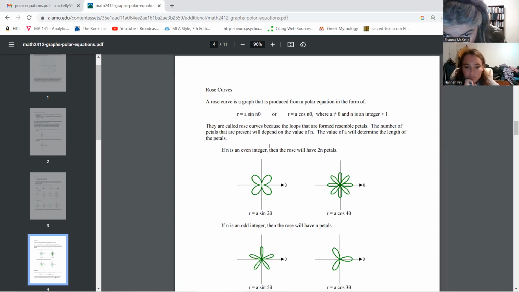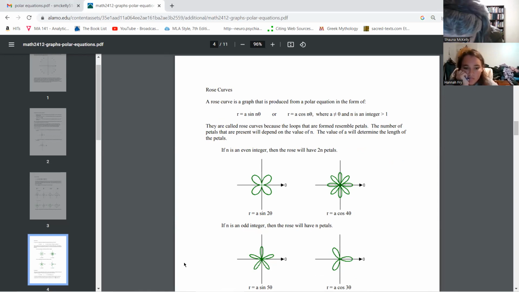So if n is even, like if you have r equals, let's say, cosine of 2 theta, then you're going to have 4 petals. If you have 4 theta, you have 8 petals. So you're looking at the coefficient of theta.